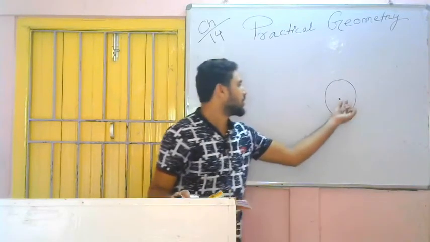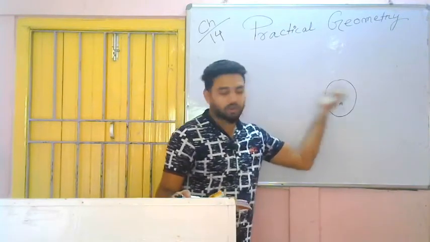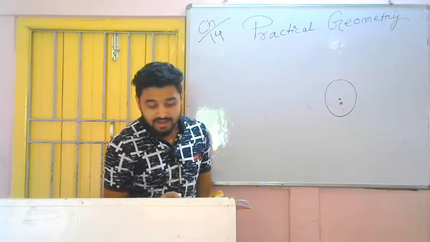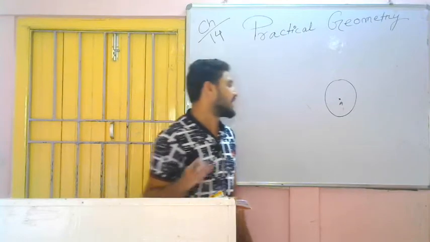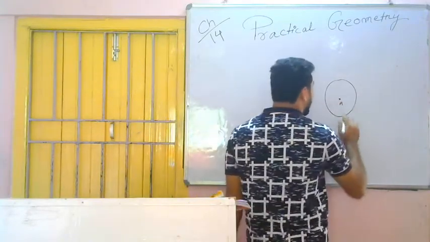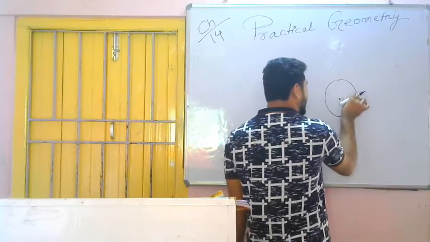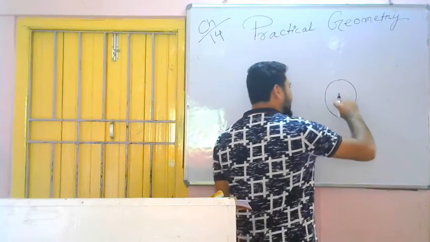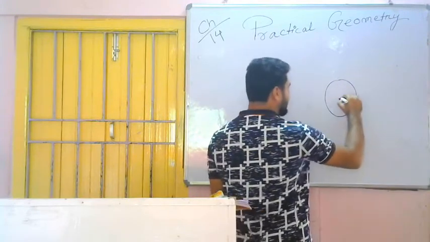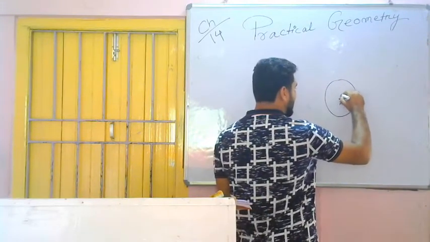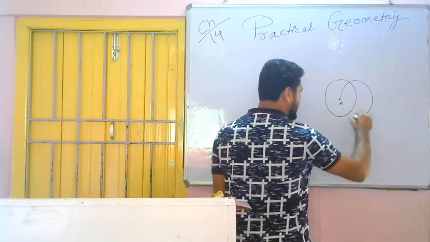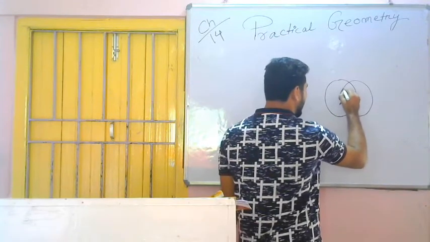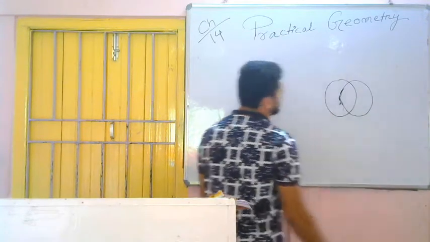That means with the same radius, you have to draw another circle, such that each of them passes through the center. That means we have to draw another circle with the same radius, and that radius should pass through the center of this circle. That means the circle will be like this, okay?